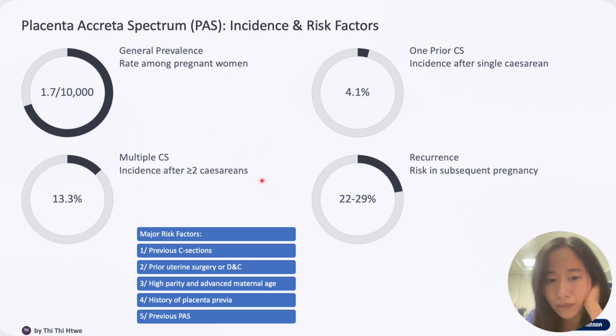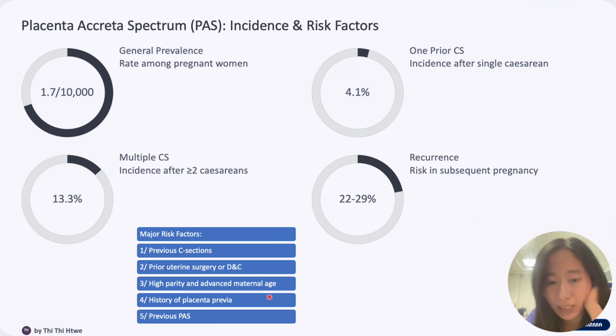It doesn't even have to be cesarean surgery. It can be just multiple D&C, uterine curettage, or myomectomy, or even a previous retained placenta where we remove the placenta manually. Manual removal can be a risk factor for PAS. We also found that high parity, loss of children before, advanced maternal age, and IVF are also risk factors for both placenta previa and accreta spectrum.